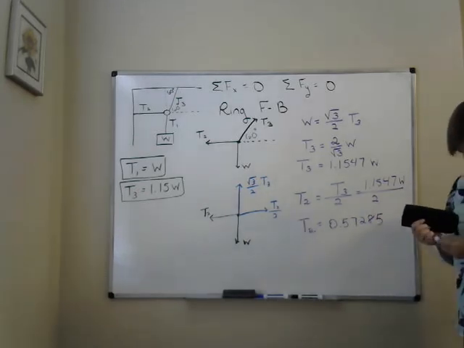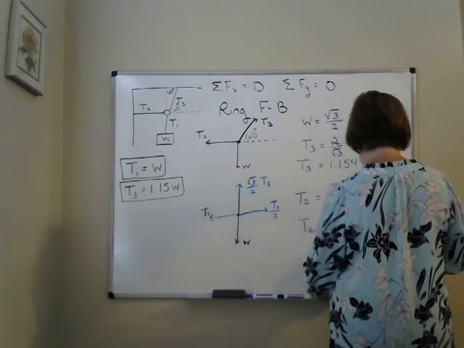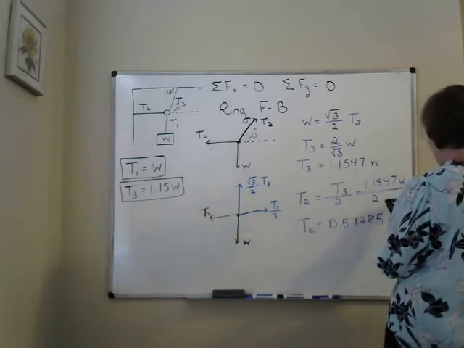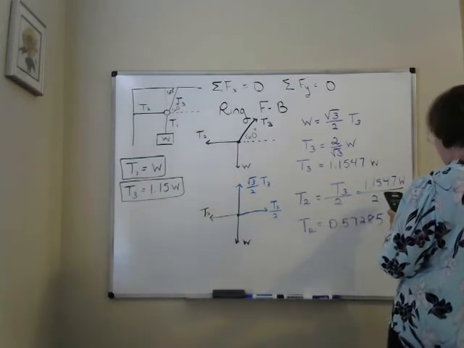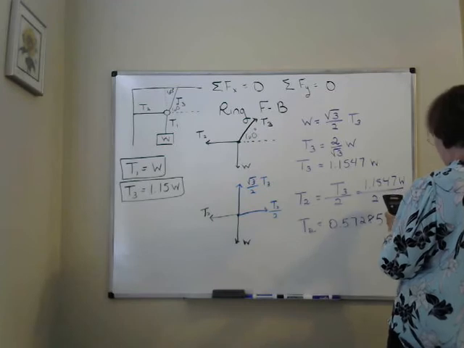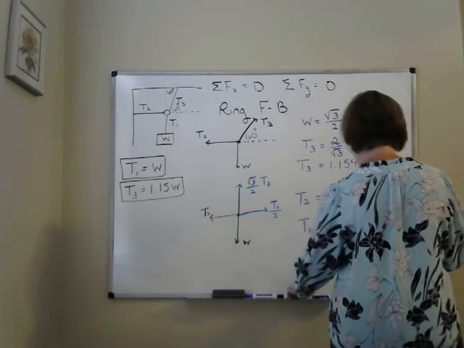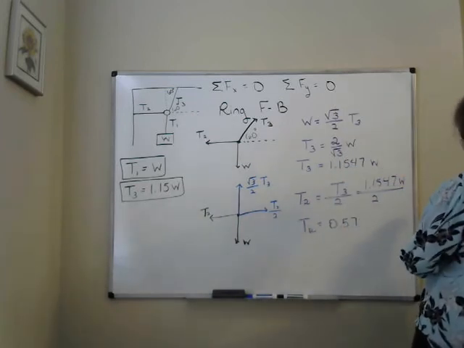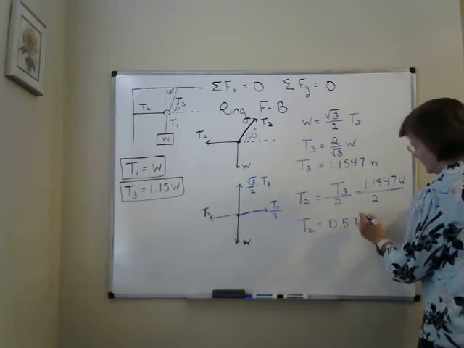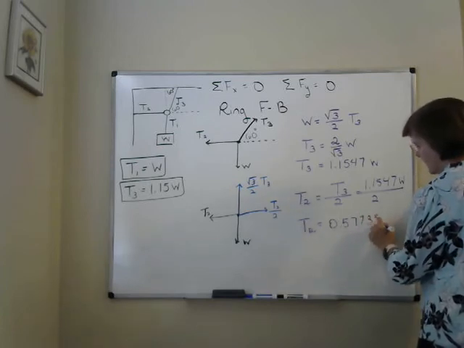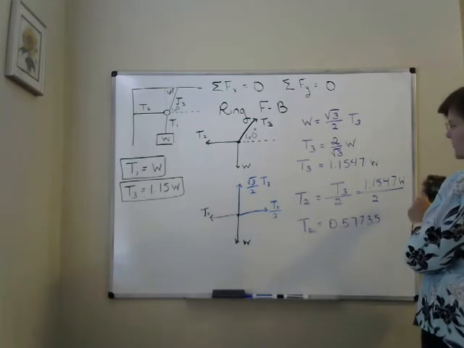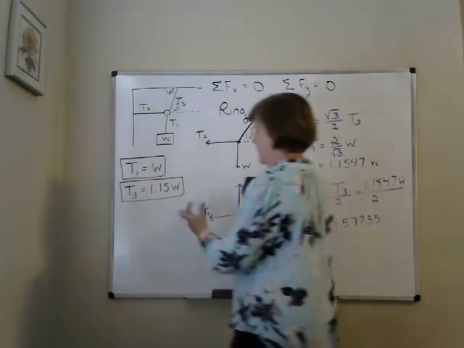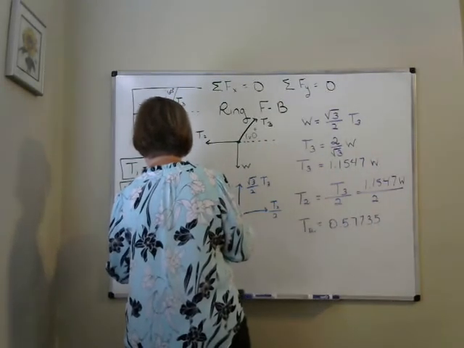So T2, I have a typo. Sorry, I typed something in wrong. Let me fix that. 1.1547 divided by 2 is 0.5735. There we go. So again, when we write down this answer, to 3 significant digits.